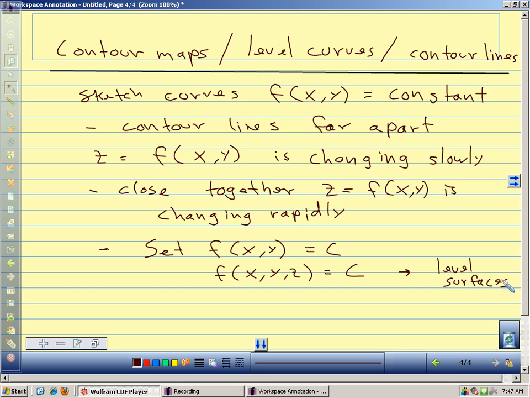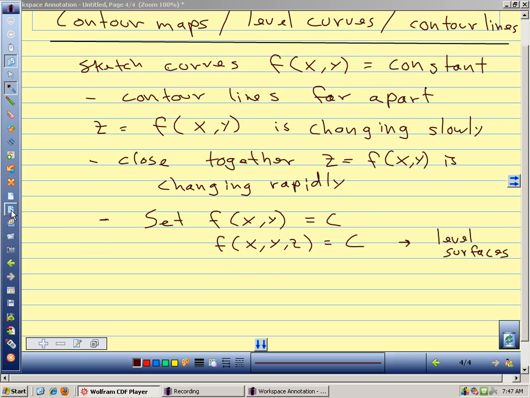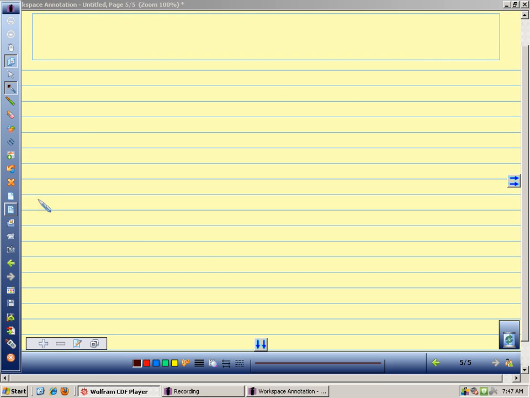So in your book, on page 893, we want to look at some examples of matching level curves to a function.